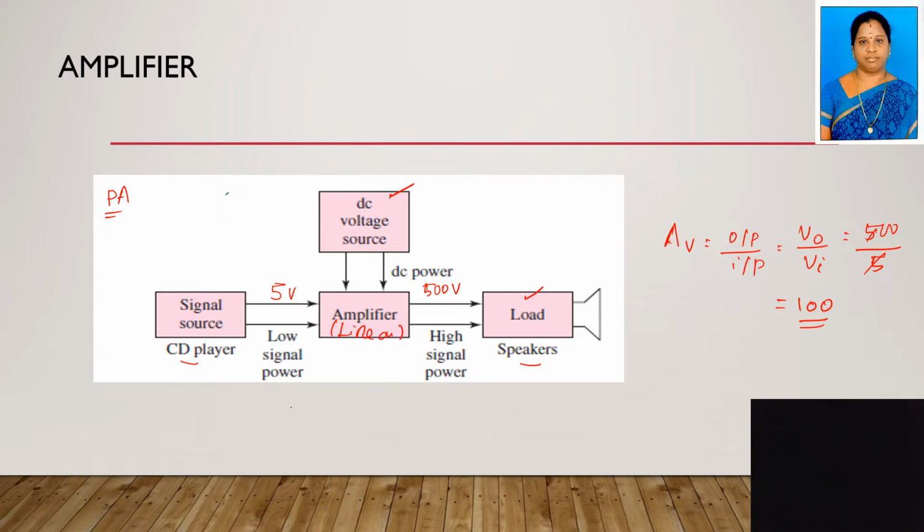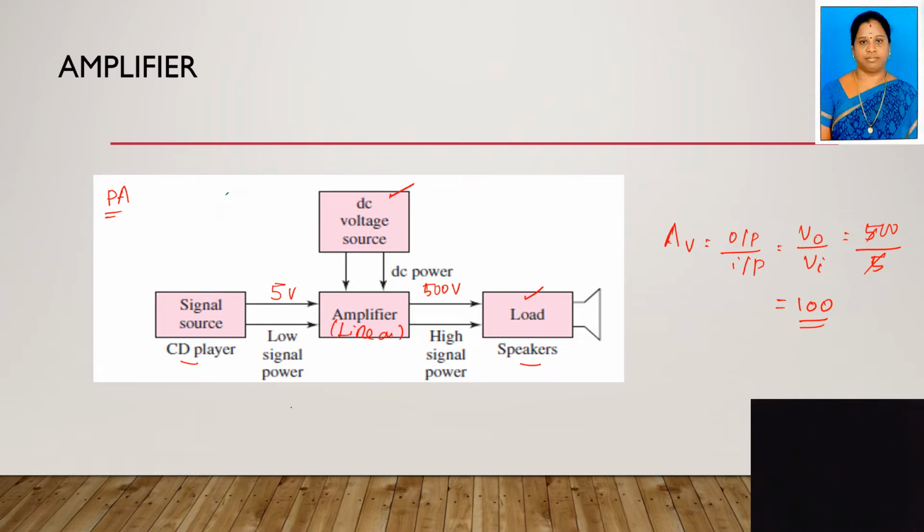Suppose you have a video signal or any image captured by the satellite in space. If that signal is coming to the earth station, definitely it will be very weak because it has to travel a long distance. So in order to view that image, we need some amplifier. Okay.